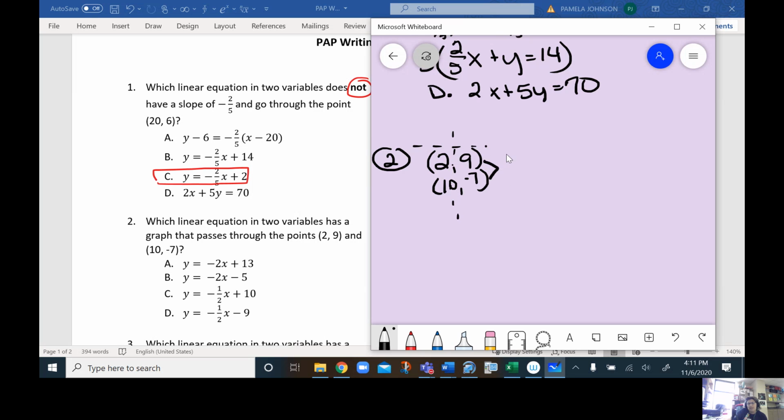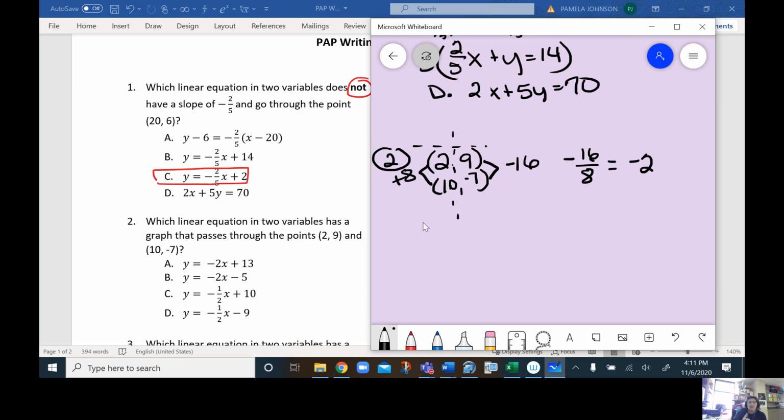Okay. So my change in y from 9 to -7 goes down 16. Sorry, I had a brain fart for a moment. All right. 2 to 10 goes up 8. So -16 over 8 is -2.